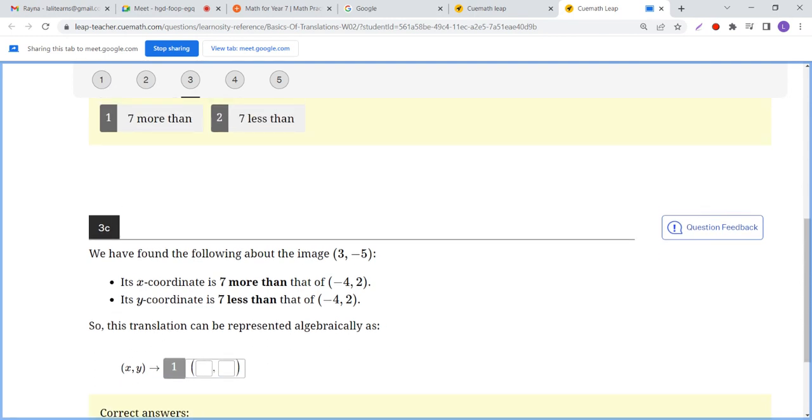Representing algebraically, so that could be x. See, the instructions are given over there. Its x coordinate is 7 more than that of negative 4 and 2. Y coordinate is 7 less than that of negative 4 and 2. Right. So in terms of x and y, algebraically how can we represent it?